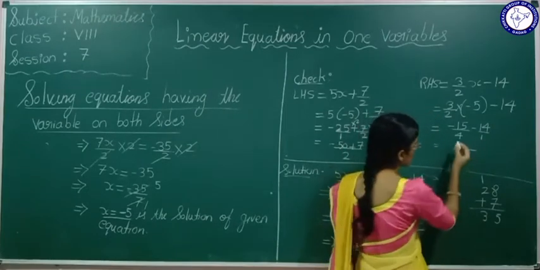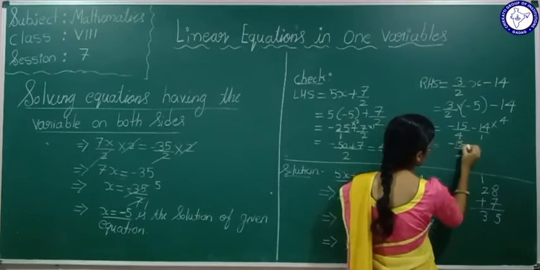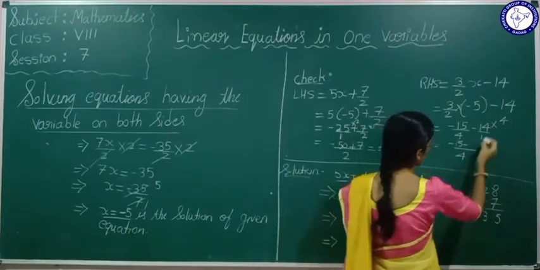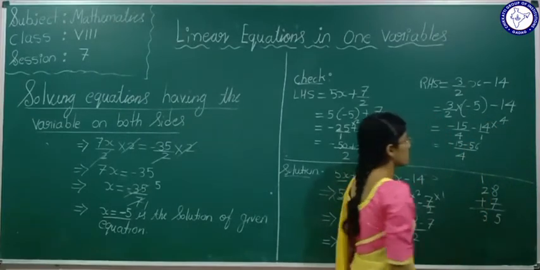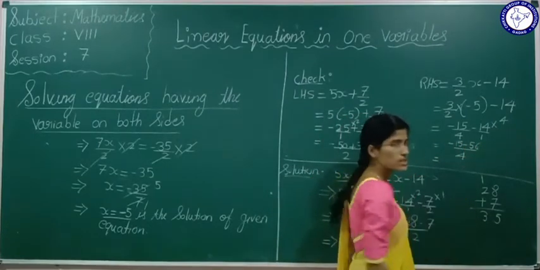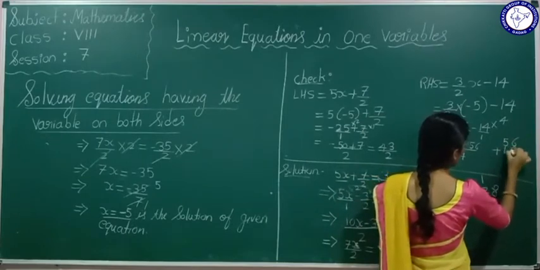Here 1 2s are minus 15, 14 2s are 28. Now see minus minus is plus. What is 28 plus 15?